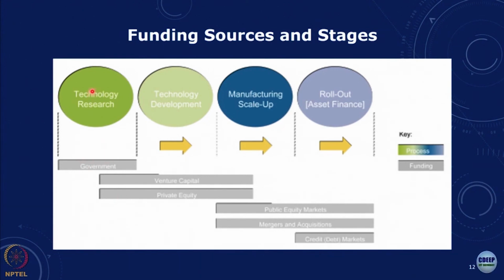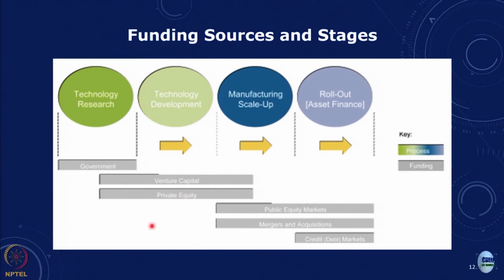Once you have done some basic experiments and shown something, you now have a prototype or the know-how, and then it has to be developed into a technology. This is where venture capital can come in. Some companies may be started, and you might get private equity coming in for the technology development. The next step is that the technology is demonstrated and developed, and we need to think in terms of large-scale manufacturing and scale up. That's the third stage.